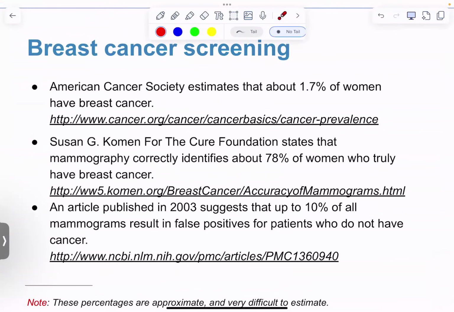The American Breast Cancer Society estimates that about 1.7% of women have breast cancer. Susan G. Komen for the Cure Foundation states that, and I never know how to say this, mammography correctly identifies about 78% of women who truly have breast cancer.